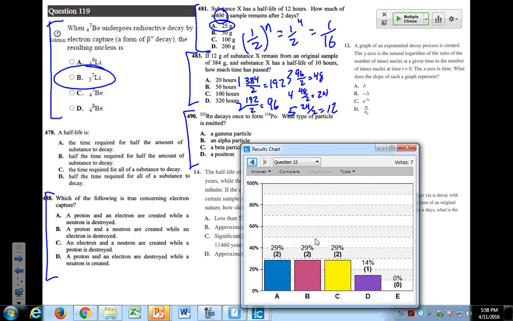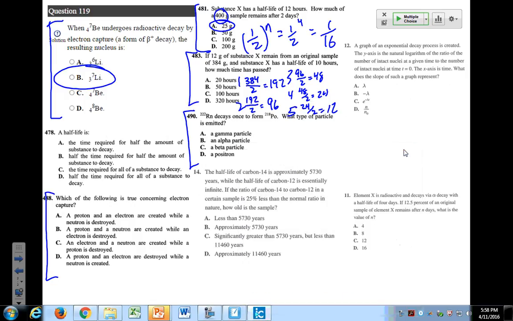Okay, so the slope here is B. It's negative lambda. I'm starting with this function, N equals N naught e to the minus lambda t. And it's asking, what if I plot the natural log of N over N naught versus t, then what is the slope of that equal to?